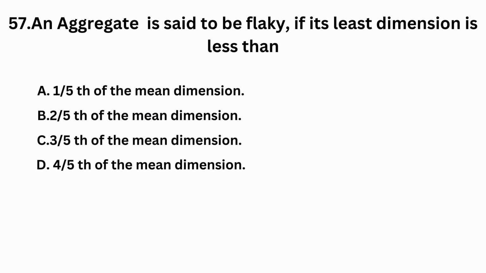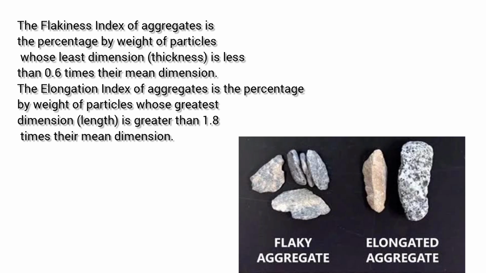Question number 57. An aggregate is said to be flaky if its least dimension is less than. The flakiness index of aggregate is the percentage by weight of particles whose least dimension is less than 0.6 times their mean dimension, and the elongation index of aggregate is the percentage by weight of particles whose greatest dimension is greater than 1.8 times their mean dimension.